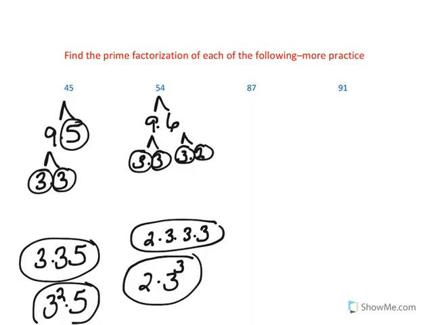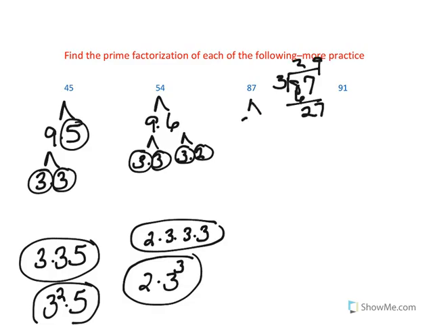87, not even. Doesn't end in a 5 or a 0. Let me try adding up 7 and 8. Oh, I get 15. That means 3 goes in. Doesn't tell me how many times, I just know it goes in. So you might have to do some little arithmetic over here to the side, some long division here. Let's see, 3 is going to go in twice. Oh, 9.